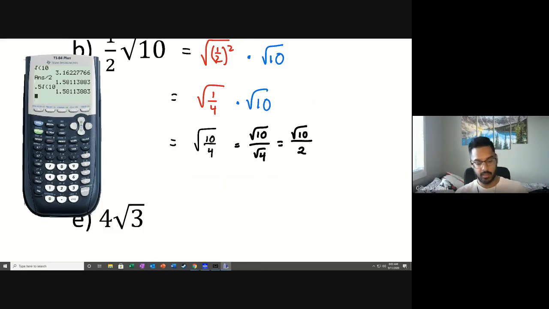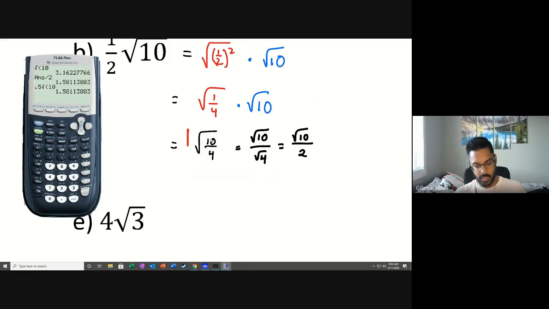So technically, this is my entire radical format. This is just another way to simplify, to say that I can actually take the square root of the bottom. So if you're going to leave it as an entire radical, this is the one you want in that red box because there's no coefficient. So that one would actually be that 5 root 2 or 5 over 2. That's where it's coming from.